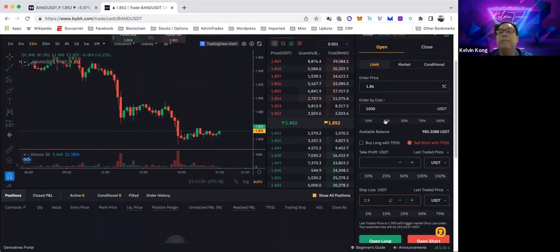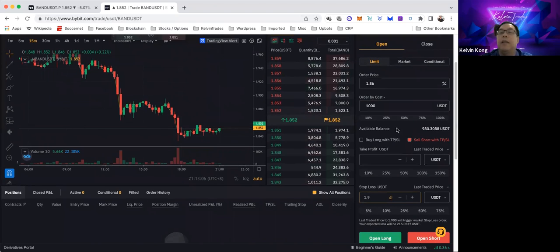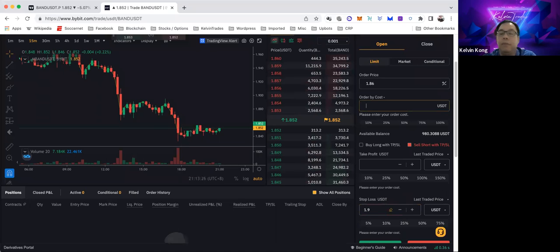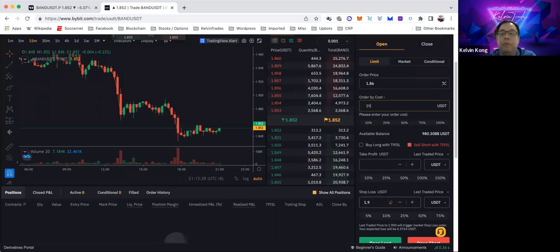Stop loss 1.9, entry 1.86. As you can see from here, if I put $1,000 as cost, it will exceed our 5% already. So we cannot put $1,000. Can we put 900? No. 400? Cannot. 200? 250? Exceed. 270? Cannot also. 210?